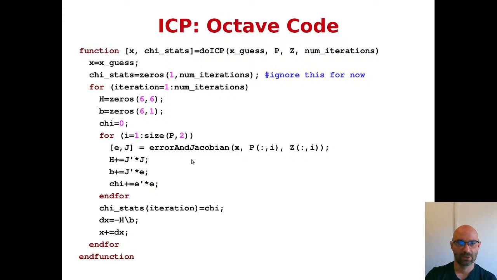Classical iteration of least squares: we assemble our linear system, and then for each data point and for each measurement, we accumulate the H matrix and the Jacobian, and we also monitor the residual error of our optimization. At the end we store the current error, which is the sum of all errors encountered.